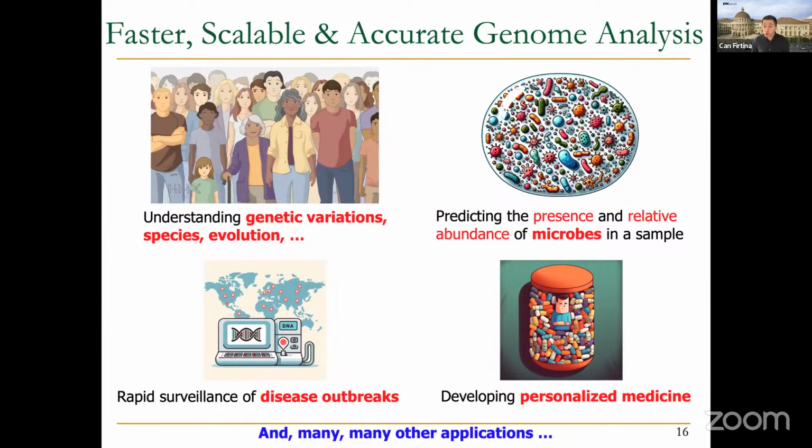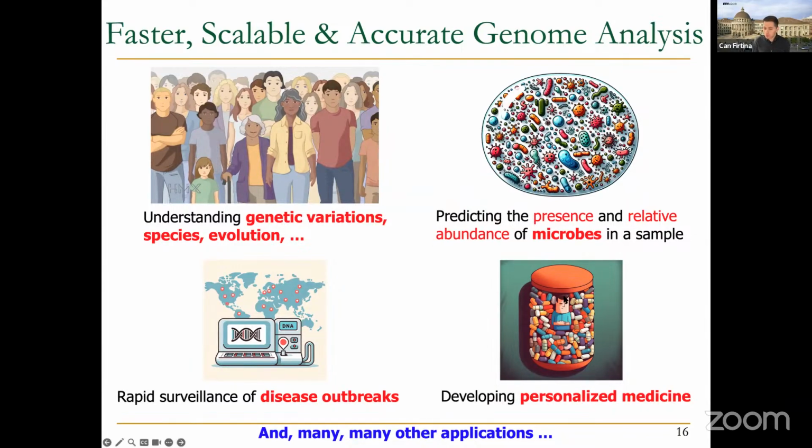We may want to quickly understand whether a particular pathogen is developing in a particular community, and before it gets really threatening, understand what actions we can take so that this pathogen doesn't become threatening to that community.